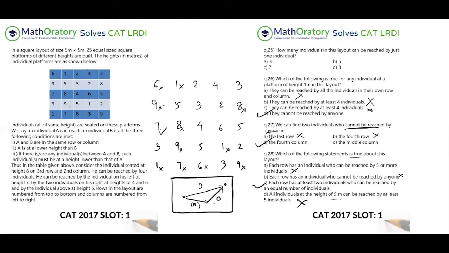We don't have too many left, so let's now go in sequence. What about this 2? 2 can be reached from 1 and 1 alone, so this 2 is satisfying. The 4 can be reached from 2 and 3, so we can rule this out. This 3 cannot be reached at all, neither from 4 nor from 8, so no need to go beyond that. This 5 can be reached via this 1, also via this 3, so we can rule this out.